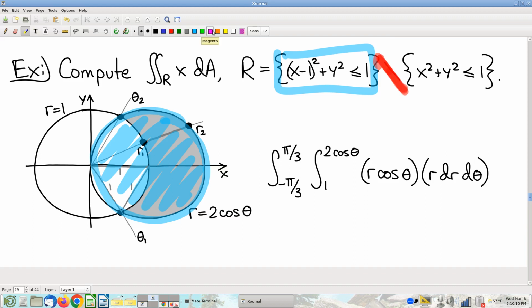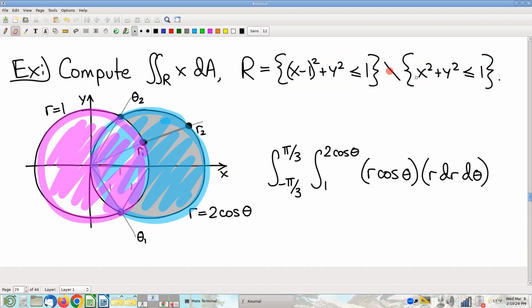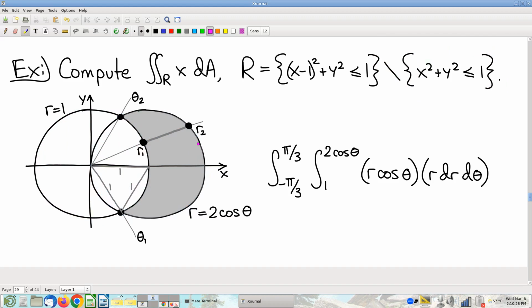I want the ones that are not in this region, that being this purple right here. So I want the part of the blue region that is not in the purple region. And so that, of course, no problem, just gives you this gray shaded region that we have right there. So let's let that be our domain, right? This is what we're doing our integral over.